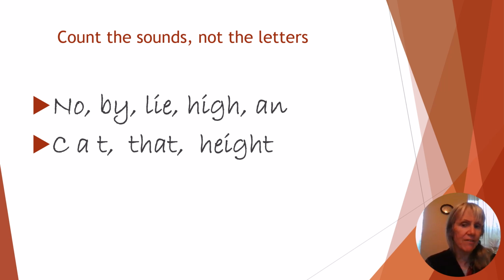All these words have how many phonemes, do you think? Cat, that, and height. They have 3 phonemes. Let's look at cat. Cat begins with the letter C, but what we're hearing is the k sound.